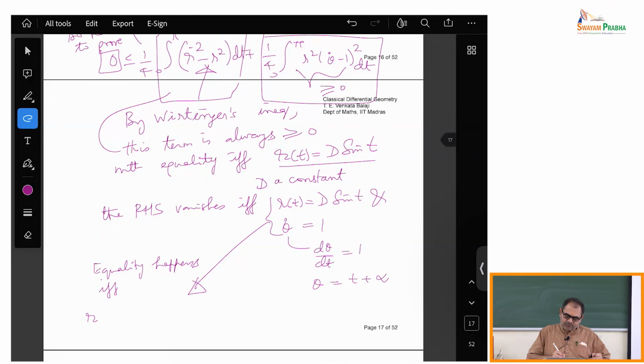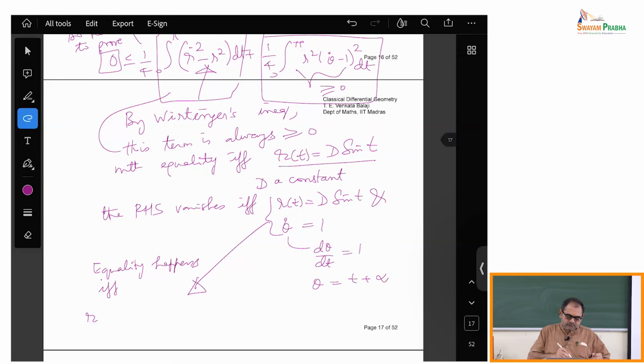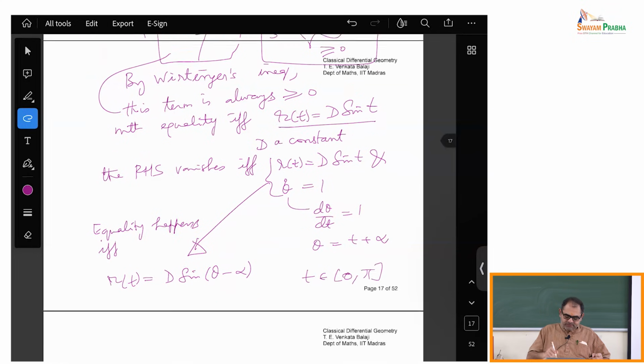So r of theta minus alpha is equal to d sine of theta minus alpha. I think it's better to keep this as t itself: r of t is d sine of theta minus alpha, and t is of course from 0 to pi, and geometrically this is a circle.